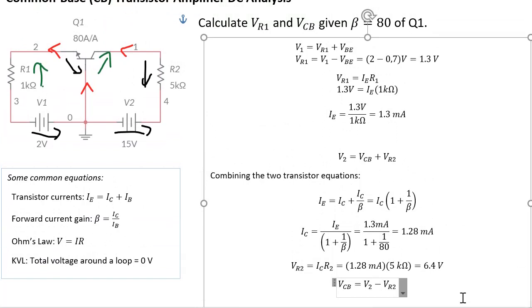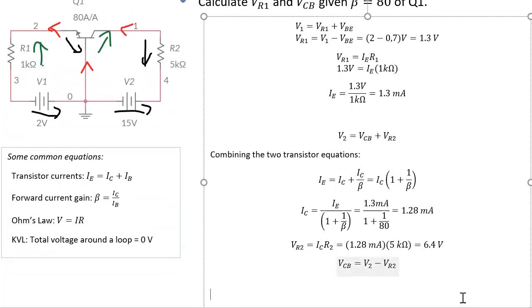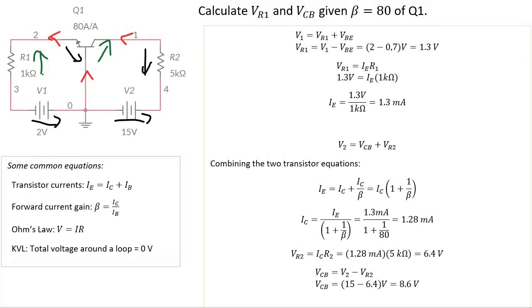So VCB is V2, which is 15 volts, minus VR2, which is 6.4. So it becomes 8.6 volts. That's the answer for this question.